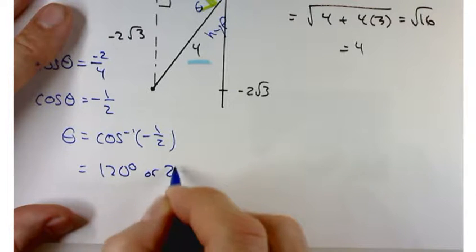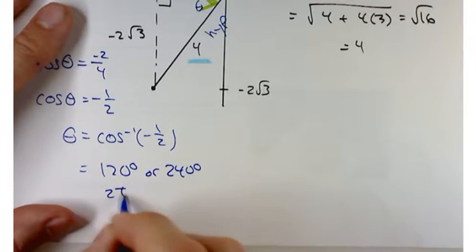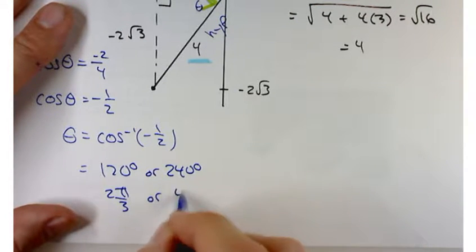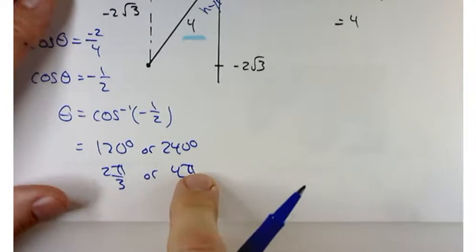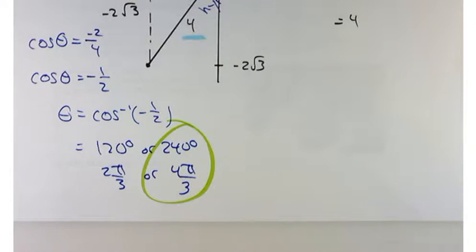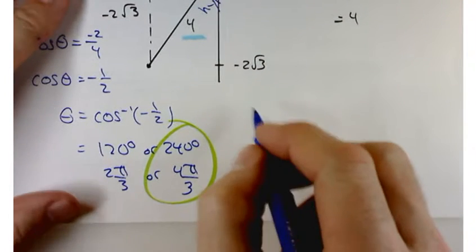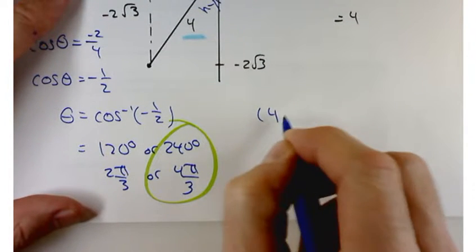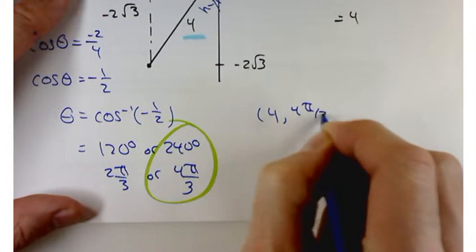This one's clearly the one that we want because that's in the third quadrant. Your final answer would be 4 and 4 pi over 3.